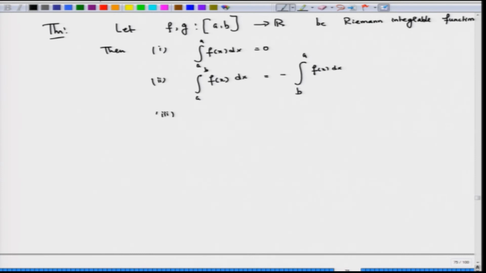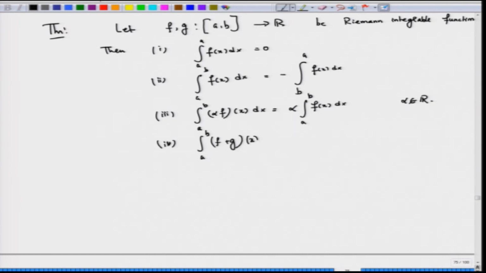Integral a to b of alpha f of x dx is equal to alpha times integral a to b of f of x dx for any alpha belonging to the real line. Integral a to b of f plus g of x dx is equal to integral a to b of f of x dx plus integral a to b of g of x dx.